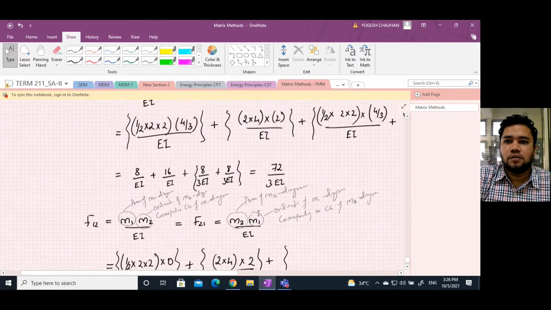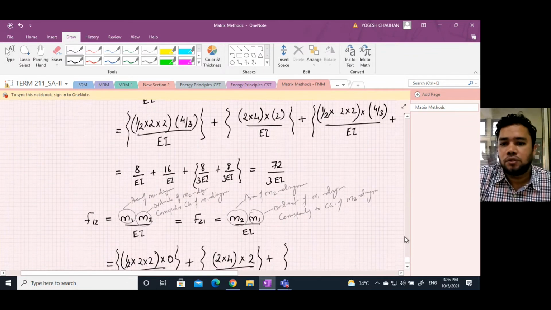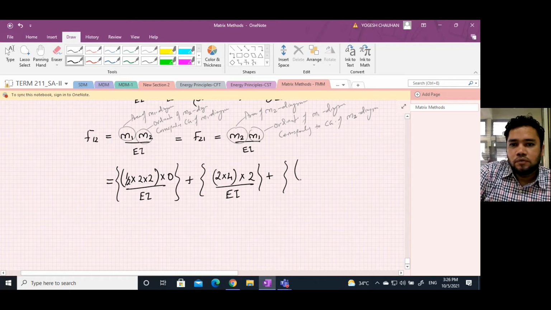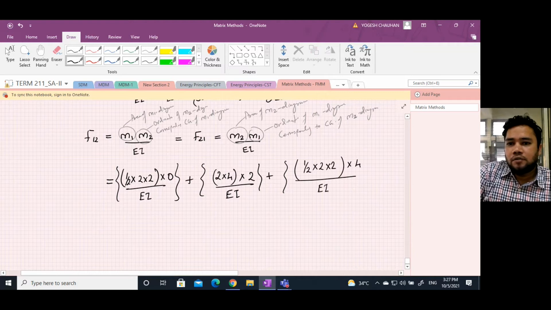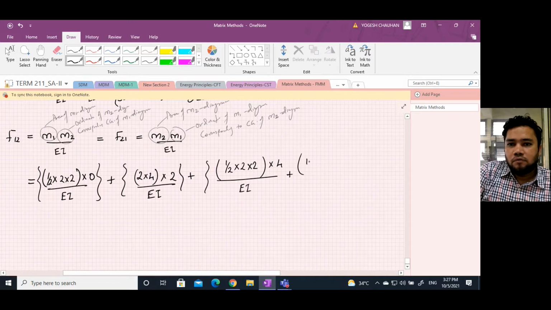It will be 1 by 2 into 2 into 2, 1 by 2, 2 into 2, multiply by the ordinate is 4 divided by EI plus 1 by 2 minus 2 into 2 into plus 4 divided by EI. So this will be cancelled out.